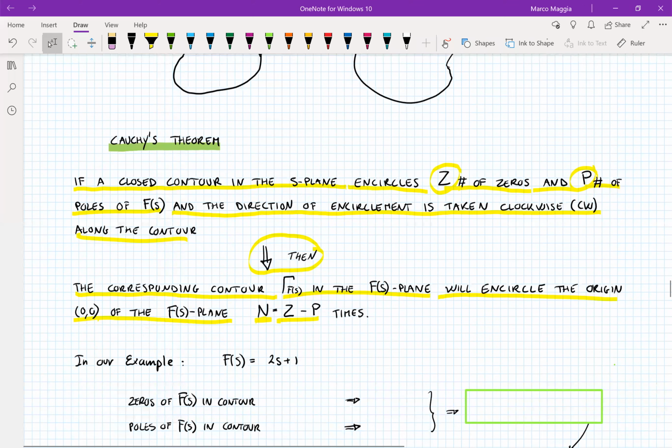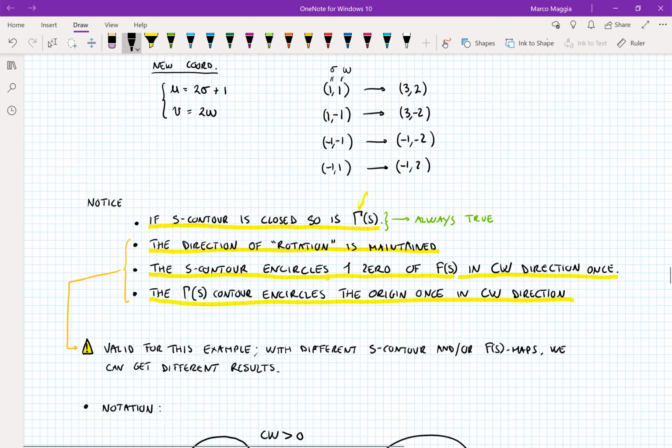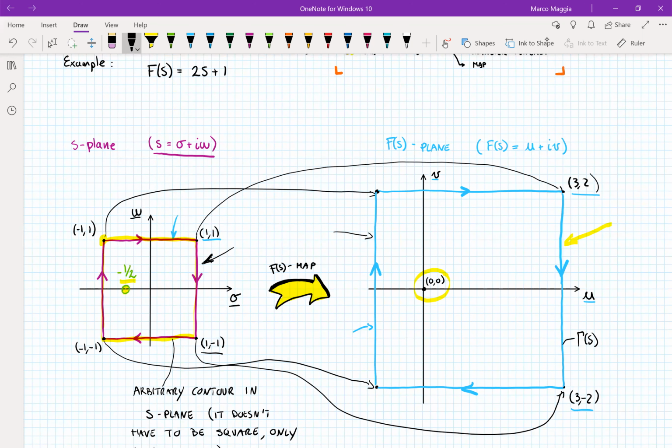Let's try to apply this to our example. So in our example, we had f of s equals 2s plus 1. And based on the contour that we arbitrarily chose, again, the contour that you're choosing here in the S-plane is up to you. The only thing that I said, just choose it closed, and the other thing, in the clockwise direction.